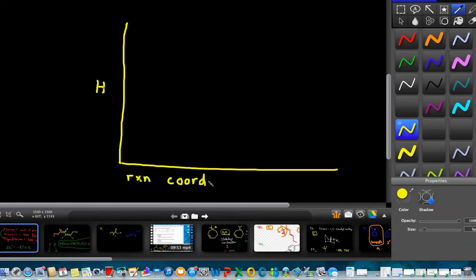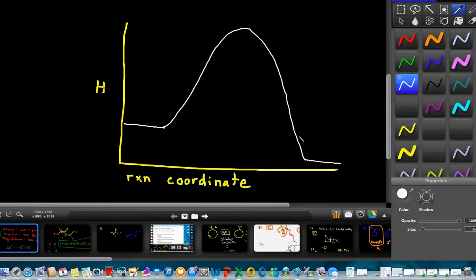Reaction coordinate just maps the course of the reaction from time equals 0 to time equals t, where the reaction is quenched or stopped. So we have the energy of our reactants. We have the energy of our products. We'll simplify and assume this is a one-step reaction.